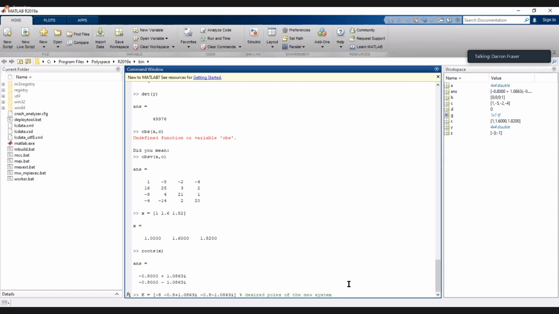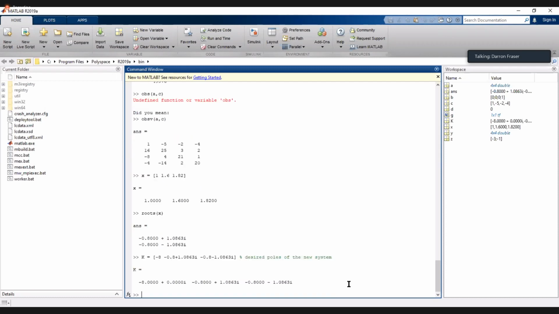So now we're going to type in the old system. We're going to type in the A. So A was 0, 1, 0; 0, 0, 1; negative 2, negative 3, negative 5.